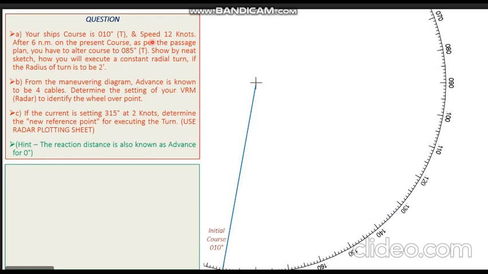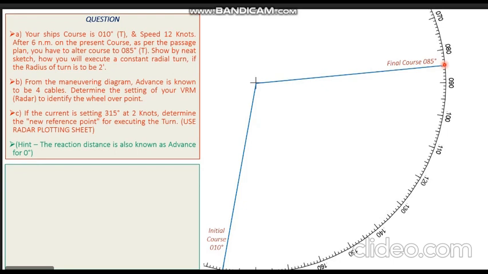Now my final course after the alteration is 085 degrees true. So let's show the final course also. You can see the final course 085 degrees coming up on the screen. From the center of the sheet, I draw a line joining up to the 085 marking. So that gives me my final course.